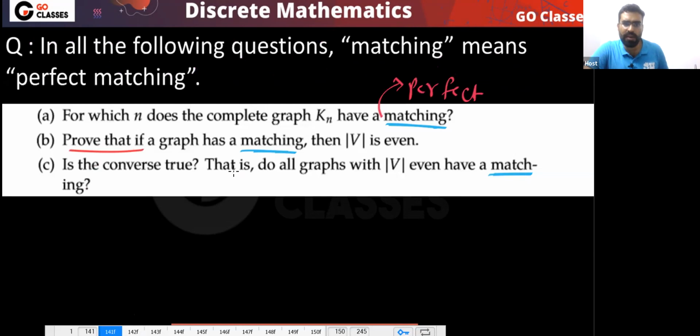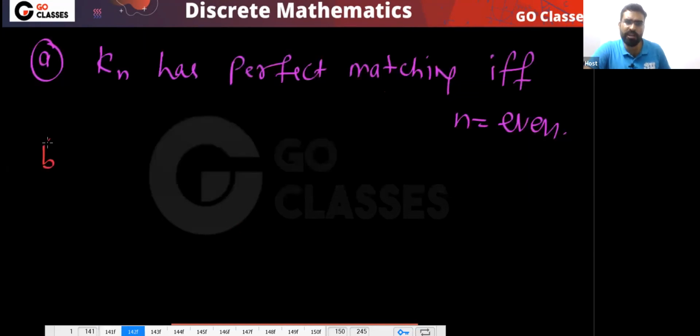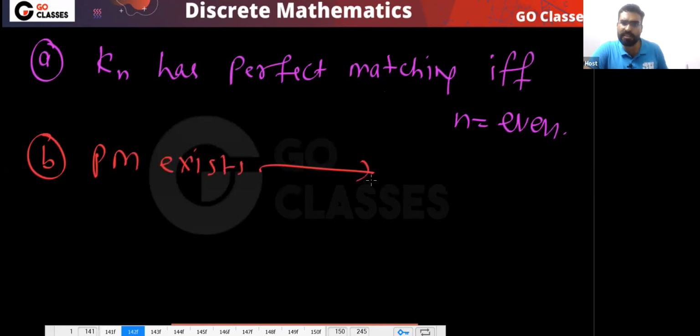Prove that if a graph has a perfect matching, then the number of vertices will be even.